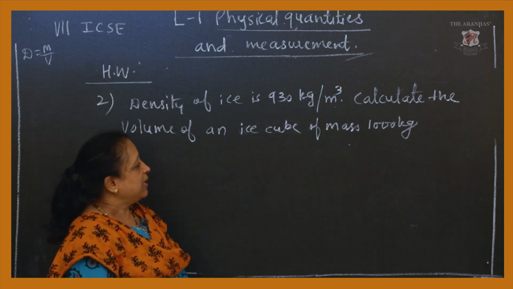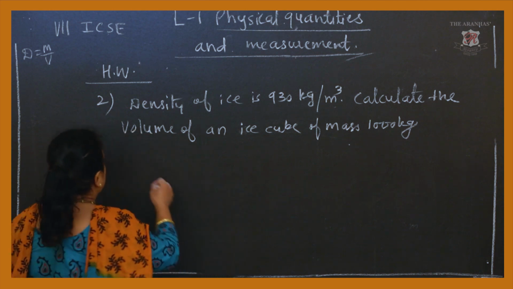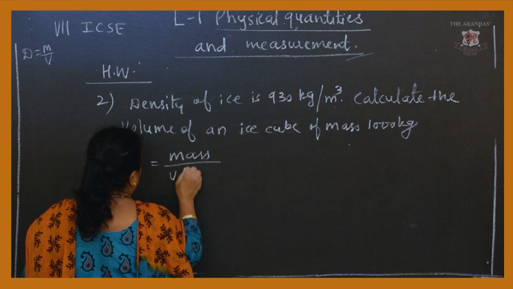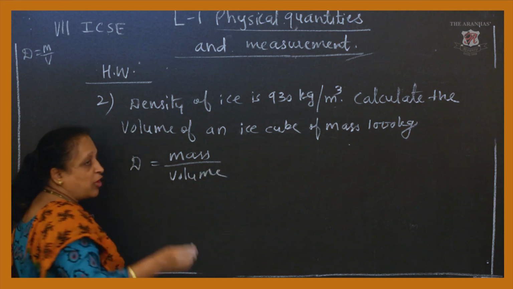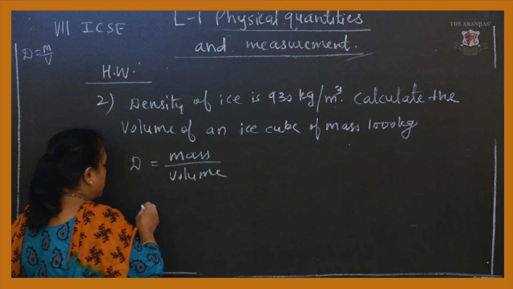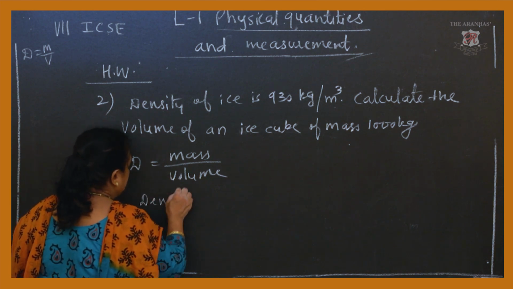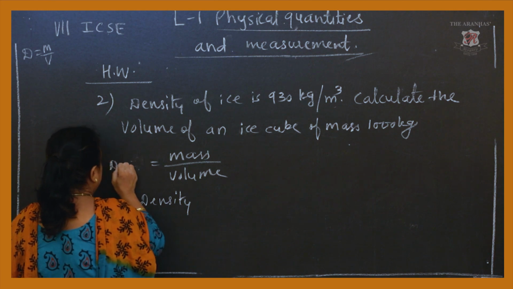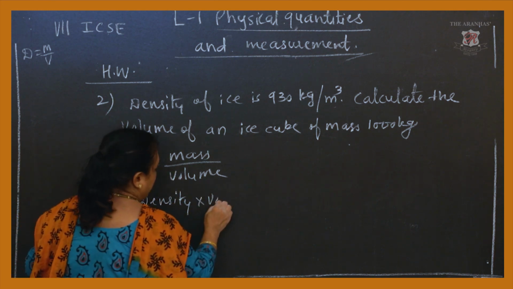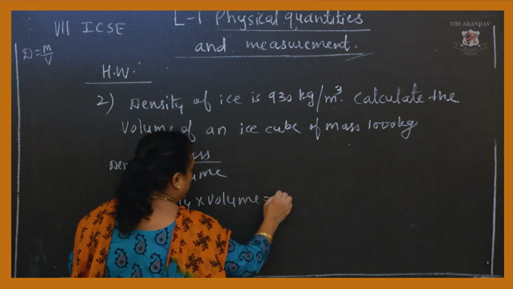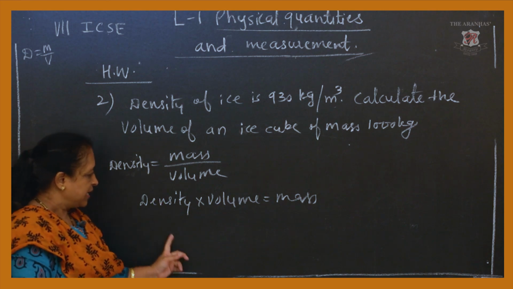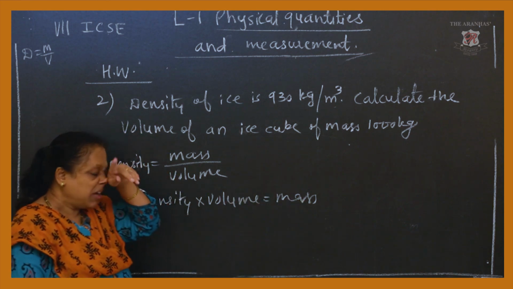That means if density is equal to mass upon volume, for your simplification you can do one thing. First cross multiply this. So you will get density, cross multiplication, if you don't understand, otherwise you can also do it directly, mass. You want to find the volume, so obviously density will be transposed to the right side.